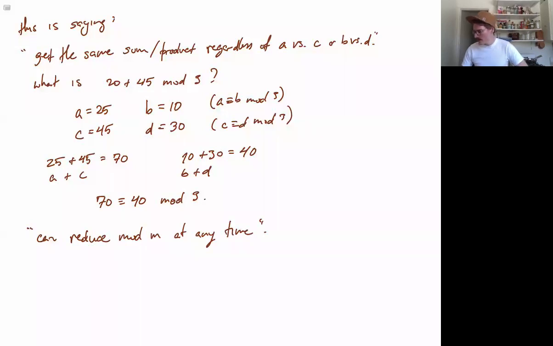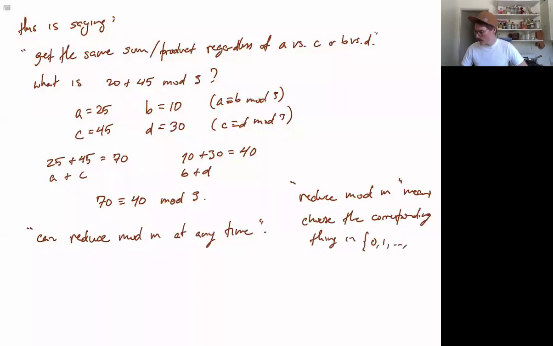So what does it mean to reduce mod m? It means choose the corresponding thing in this range like we talked about before.